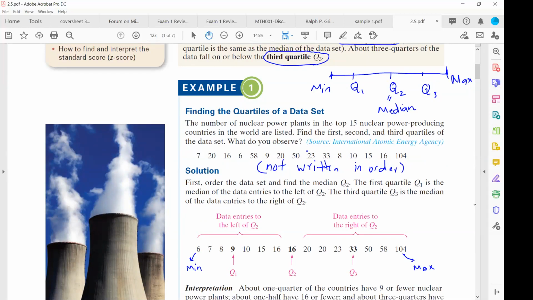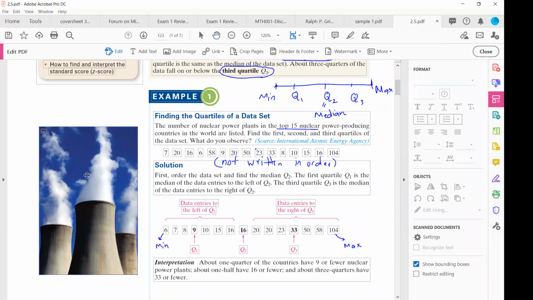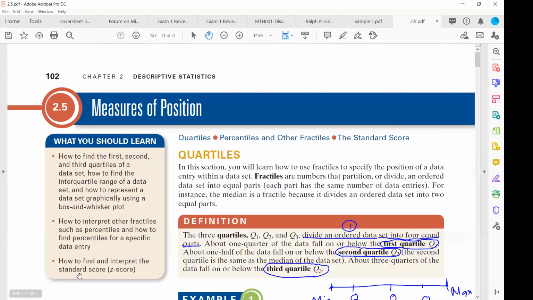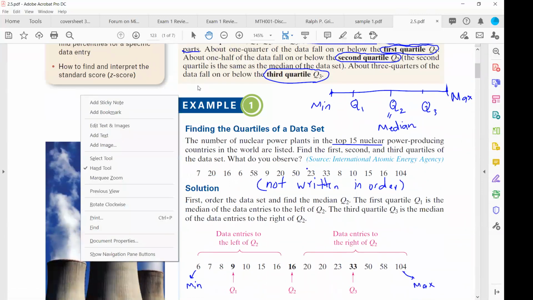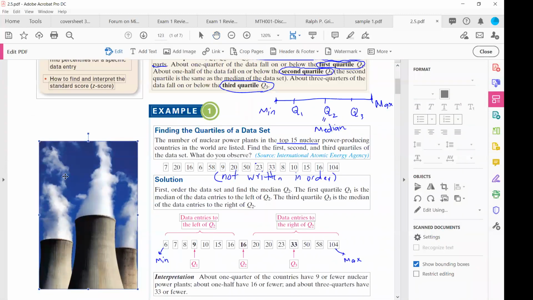First, you find the median of your collection. Since you have 15 entries in your collection and 15 is odd, it means that the middle value is going to be the median.